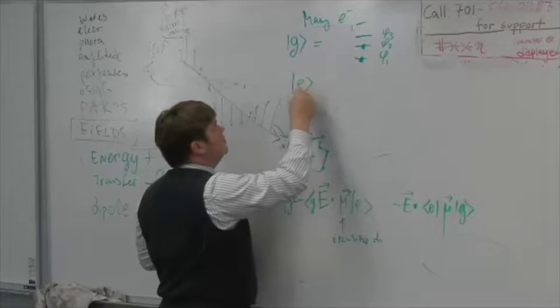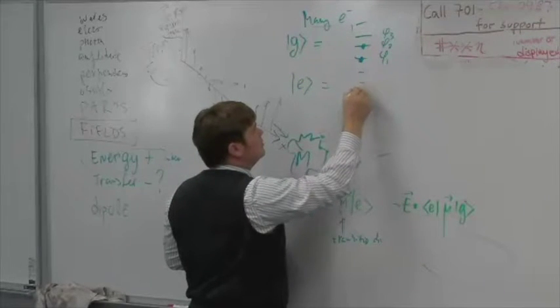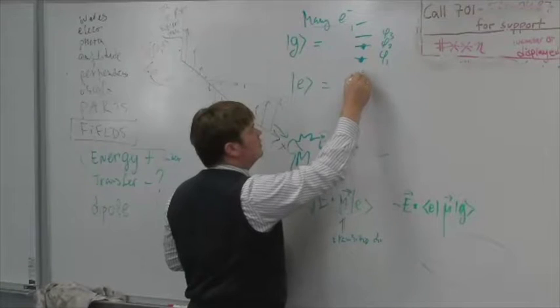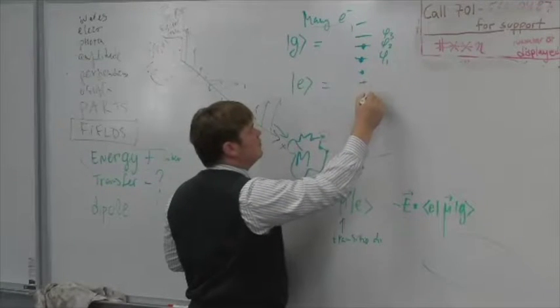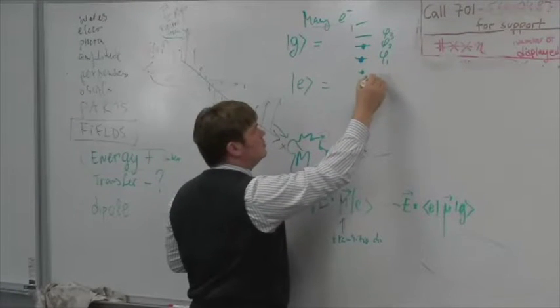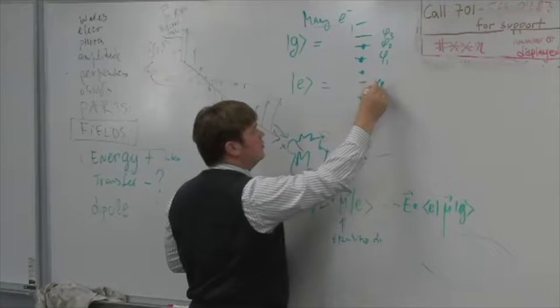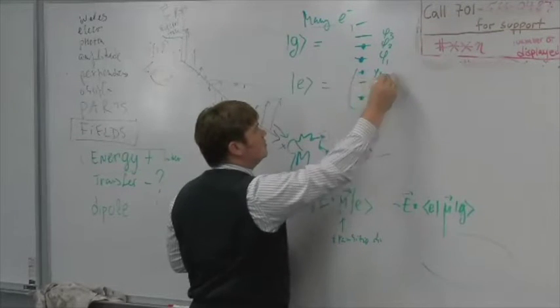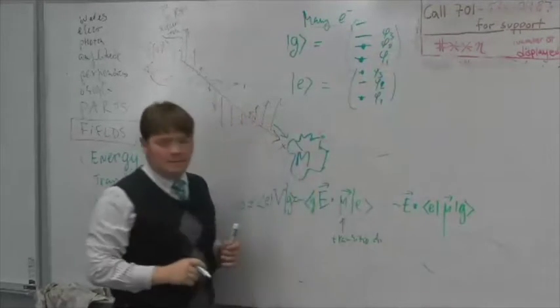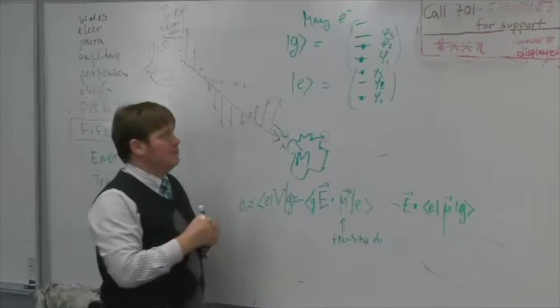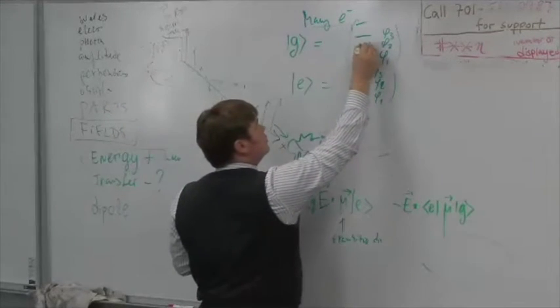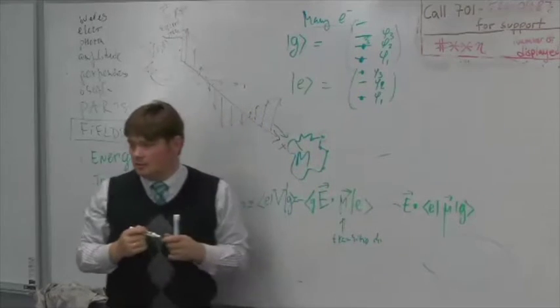Then the excited state can be one electron translated from orbital 2 to orbital 3. So by photon we went up.